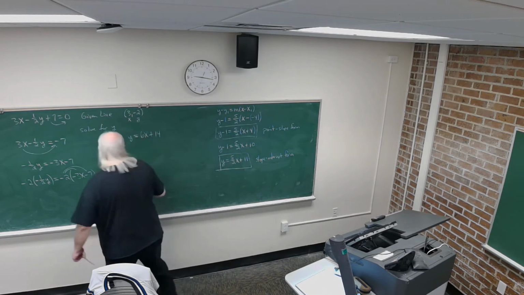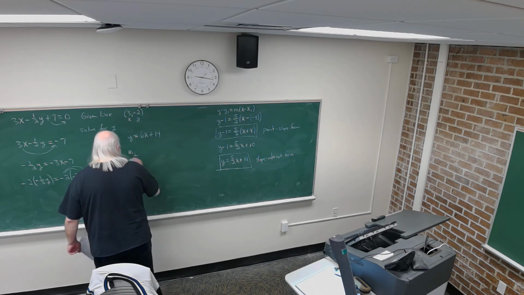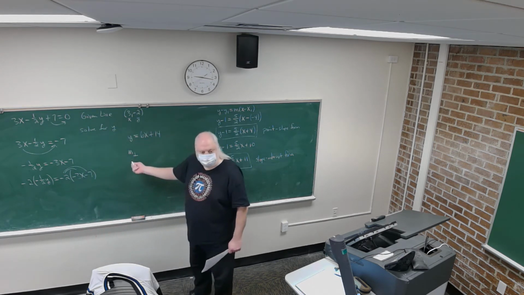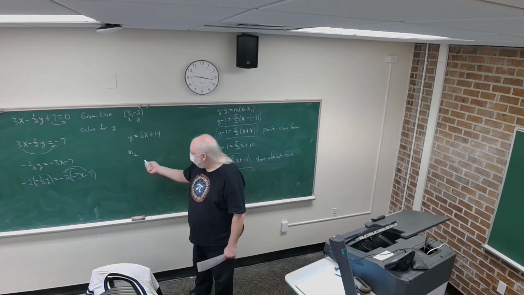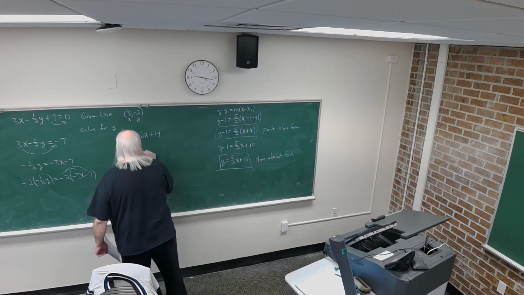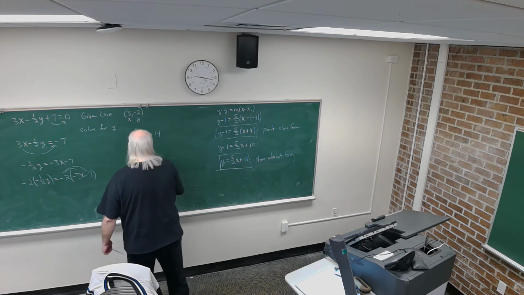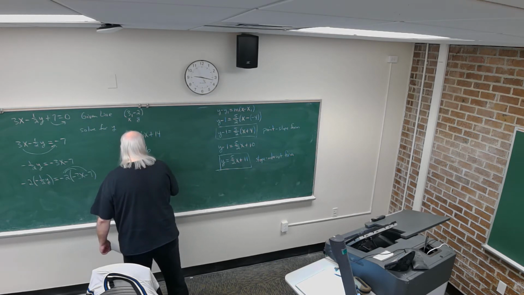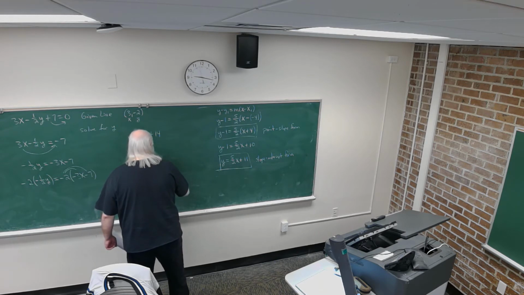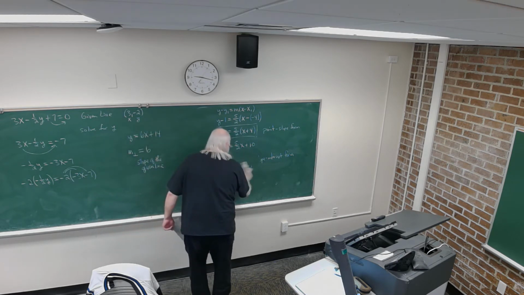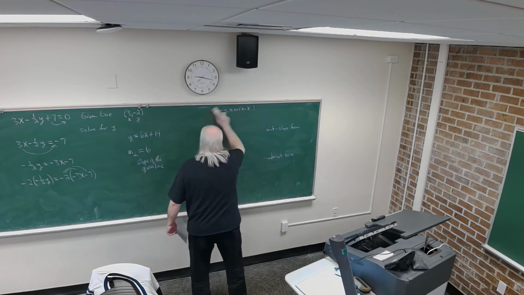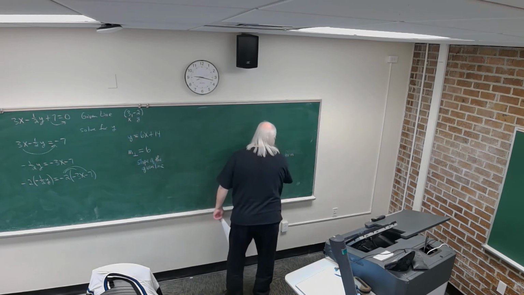So the slope of the given line, I'm going to put a little perpendicular symbol there in the subscript, because the two lines are not going to have the same slope. So the slope of the given line is equal to 6. So the slope of the line that's perpendicular to it is the negative reciprocal of 6.